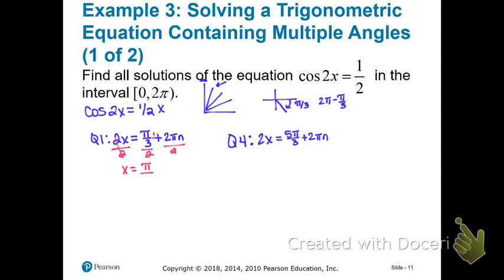So if I multiplied this one by 1/2, that'd give me pi over 6, right? Plus pi n. I'm going to do the same thing to the other side. And so I get x equals, well, it's the same as multiplying by 1/2, so 5 pi over 6 plus pi n.